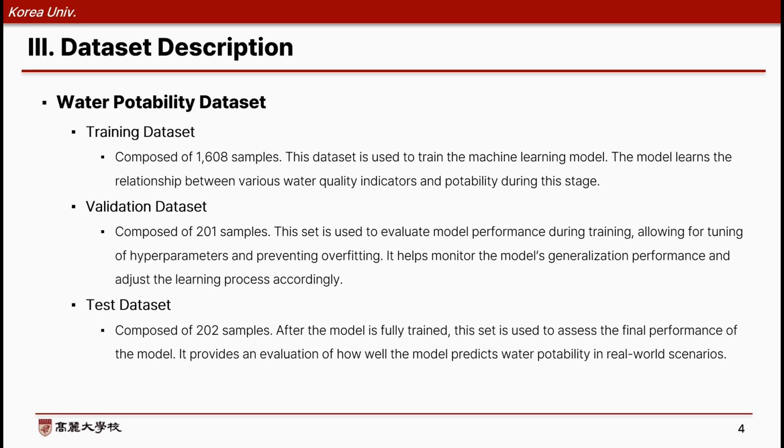Next, the validation dataset consists of 201 samples and is used to evaluate the model's performance during training, helping to adjust hyperparameters and prevent overfitting. Finally, the test dataset consists of 202 samples and is used to assess the model's final performance, evaluating how well the model predicts the potability of water in practice.